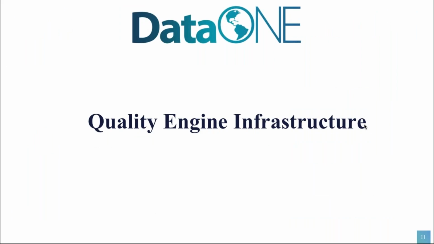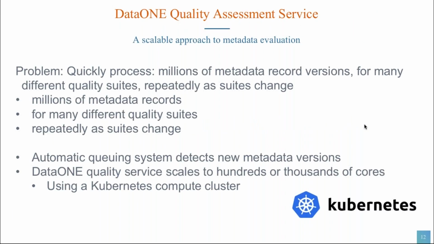So I want to talk for just a minute about what that quality engine infrastructure looks like. The problem that we have when we try to apply this at scale is that within DataONE, as a federation of 42 member repositories, there's a lot of metadata and a lot of metadata churn on a daily basis.